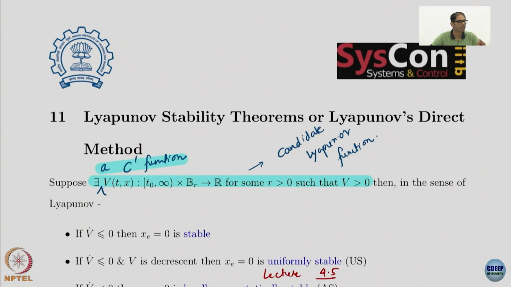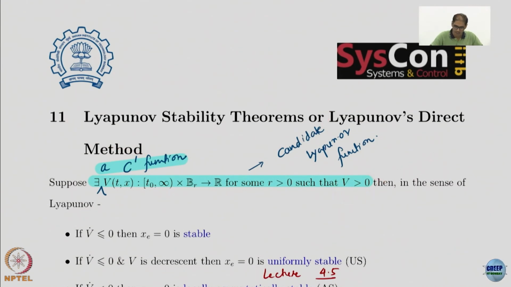You take the V, evaluate the V dot, and of course you verify that V is positive definite, otherwise it is not even a candidate Lyapunov function. That is clearly specified here. If it is not, then you cannot use it for the Lyapunov stability theorems. You can use it in other places, we will talk about those examples later on, but for Lyapunov stability theorems, this is essential.